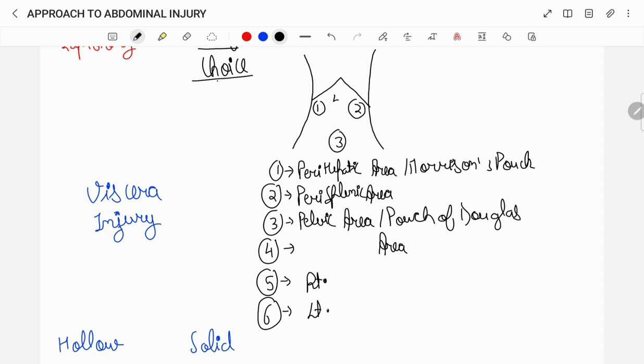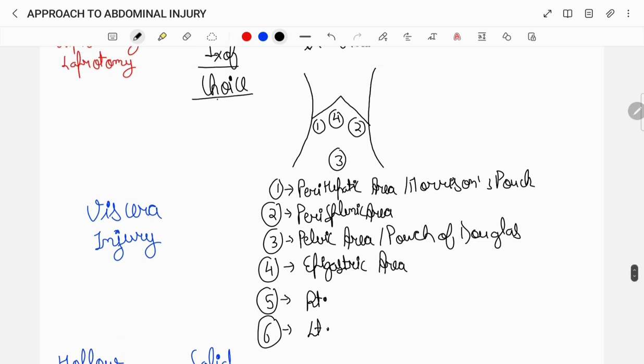Fourth, where I put the probe is the epigastric area. And when we are doing EFAST, we also put the probe on the right lung and the left lung.